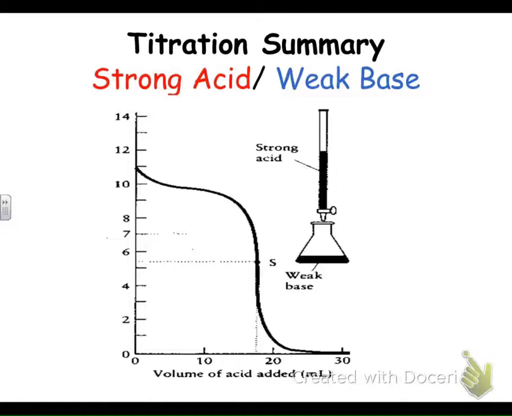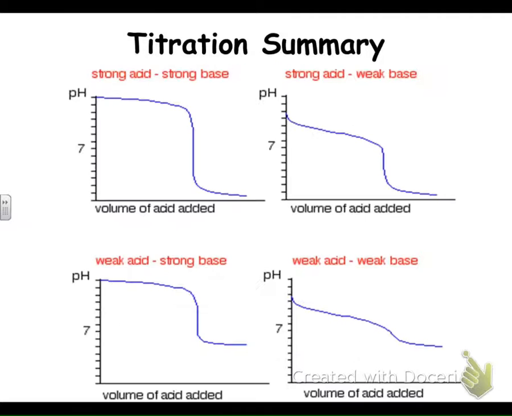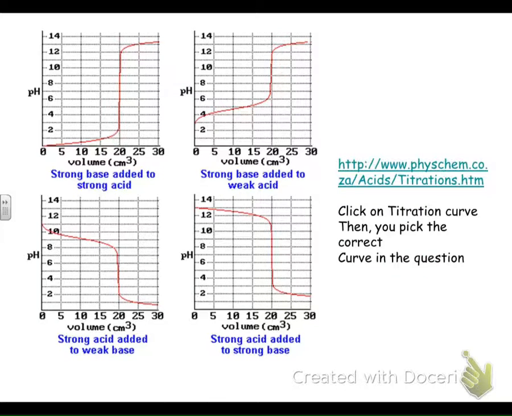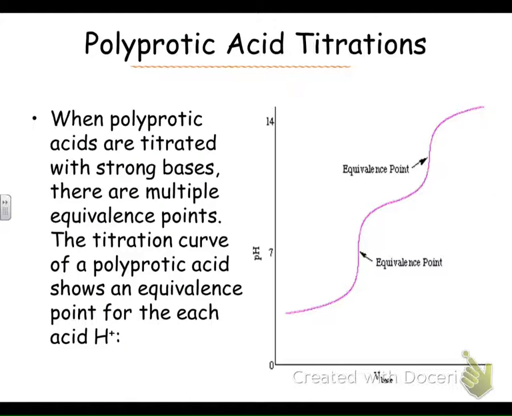These will be very helpful in referencing for your acid-base lab and for your studying purposes. So again, a titration summary. One thing to note is that when you have many acids or a polyprotic acid, they actually have multiple equivalence points, and so the titration curve would show equivalence points for each of the hydrogens in the acid.